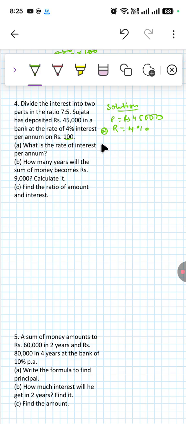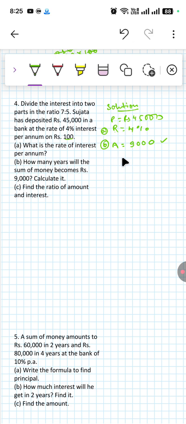Coming to question number B. Over here, how many years will the sum of money become rupees 90,000? It means the thing that is given is the amount, 90,000, and we have to find out the time.